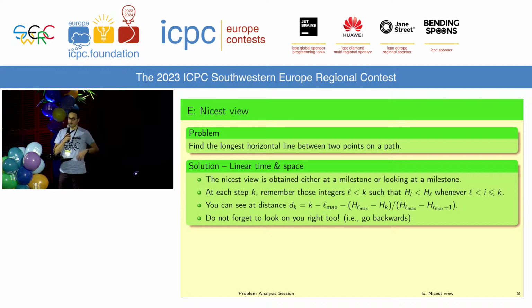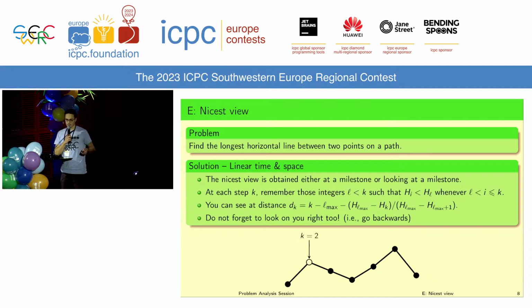And then you have to compute the length, which is not that hard, but you had to use fractions, and it caused a lot of troubles to many of you. That's why you could see the number of wrong answers. Of course, you have to do it in both directions.